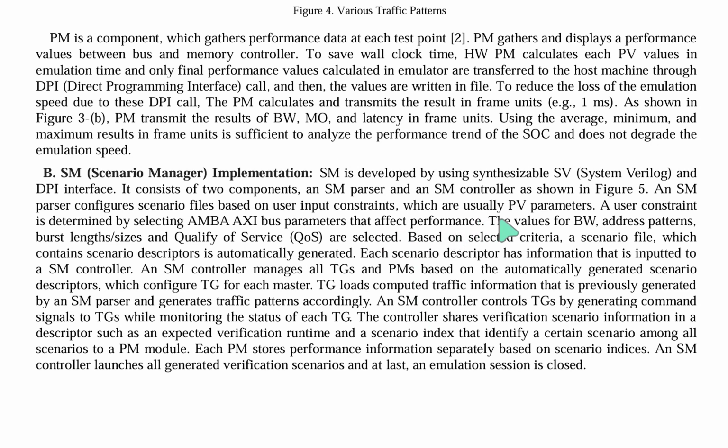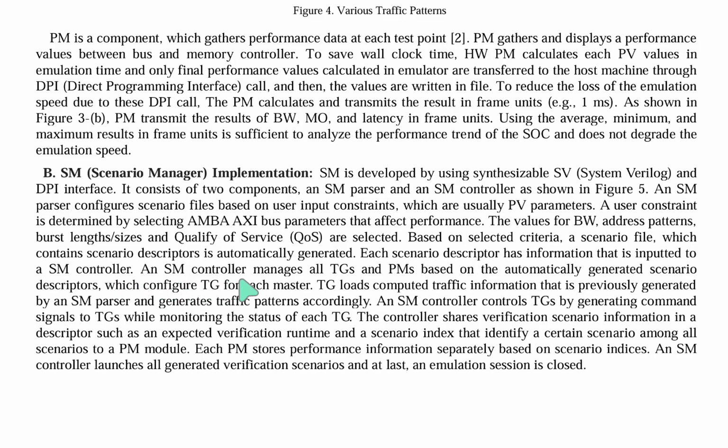The values for hardware bandwidth, address patterns, burst length, sizes, and quality of service are selected. Based on the selected criteria, a scenario file, which contains scenario descriptors, is automatically generated. Each scenario descriptor has information that is input to the SM controller.